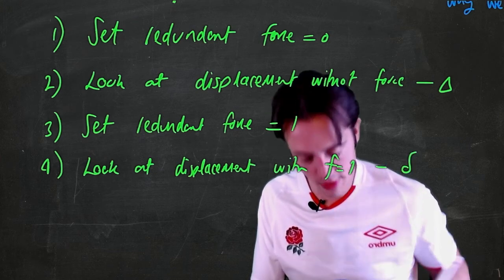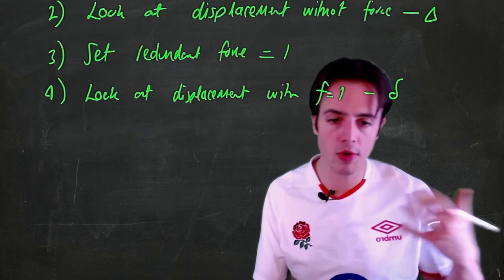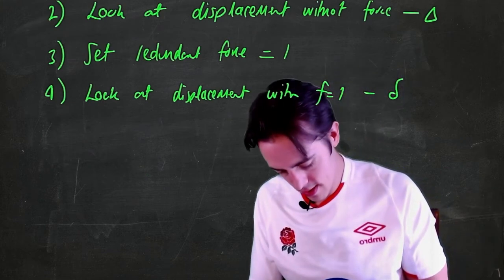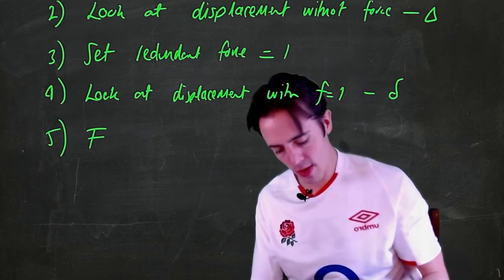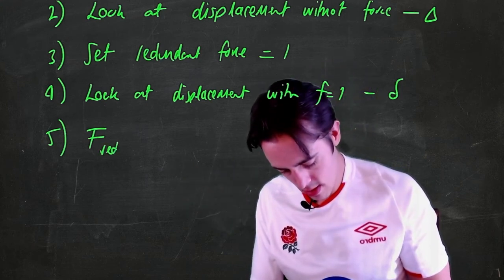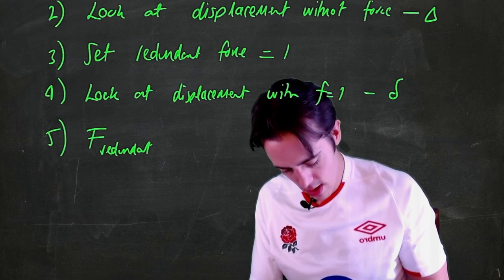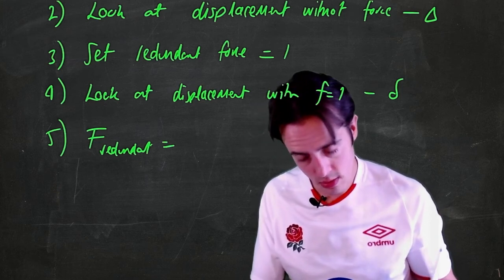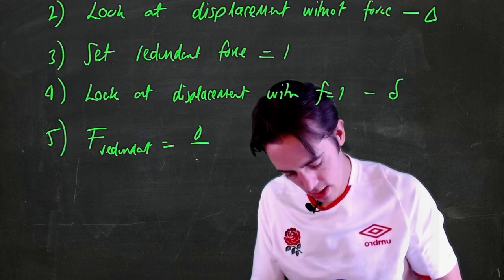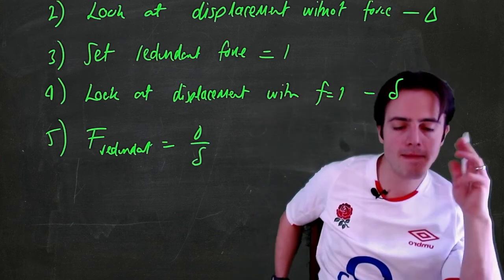And we call this little delta, okay? And what we'll show is that the redundant force, which we'll just call F, is equal to big delta divided by little delta, okay?